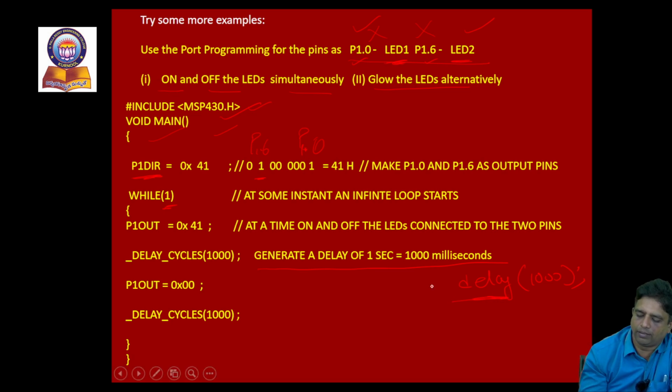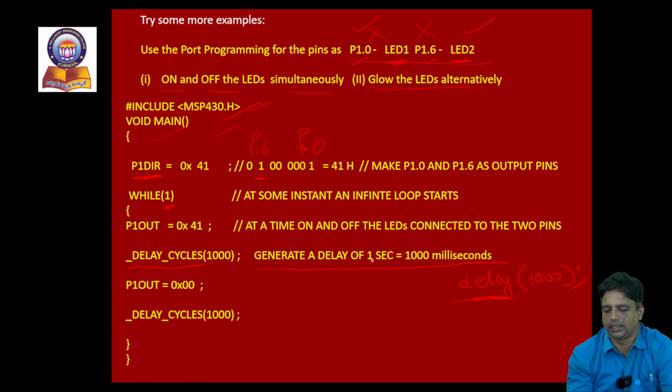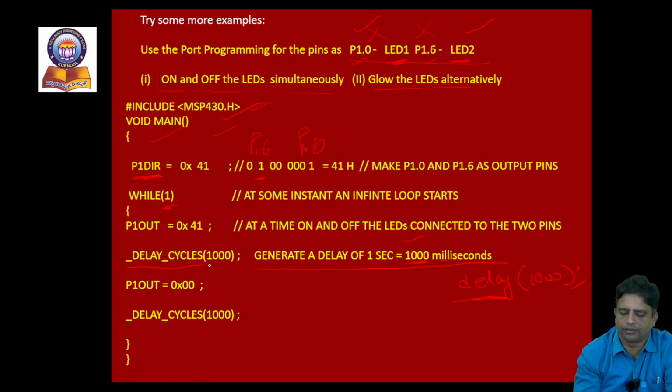Here delay is an internal sub function written for generating a delay, considering it as 1000 milliseconds. The value that we show in the brackets will be milliseconds. If I write 500 here, the value will be treated as 0.5 seconds. If I write 2000, it will be treated as 2 seconds.